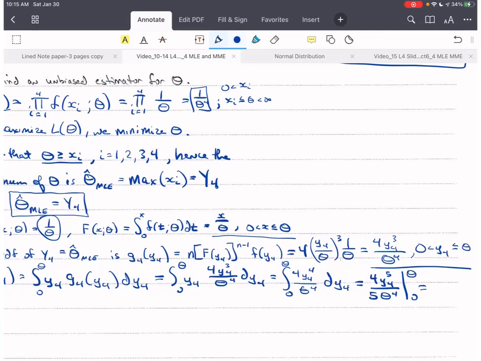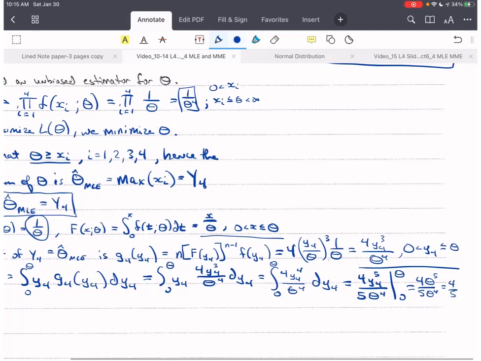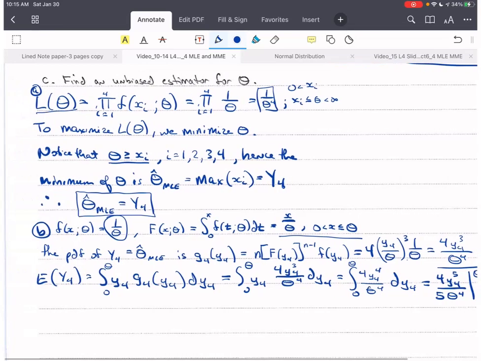And so we're going to end up with 4 theta to the 5th divided by 5 theta to the 4th, which is equal to 4/5 theta. Okay? This is not equal to theta. Therefore, theta hat MLE is biased.